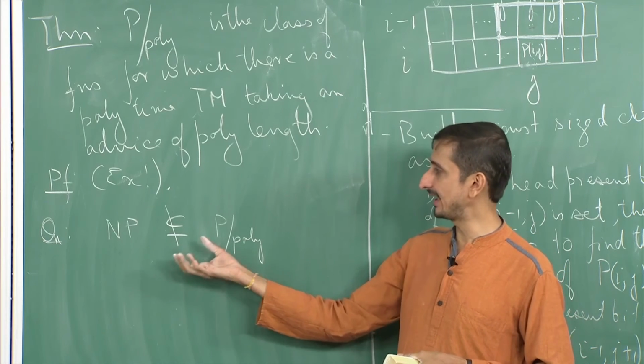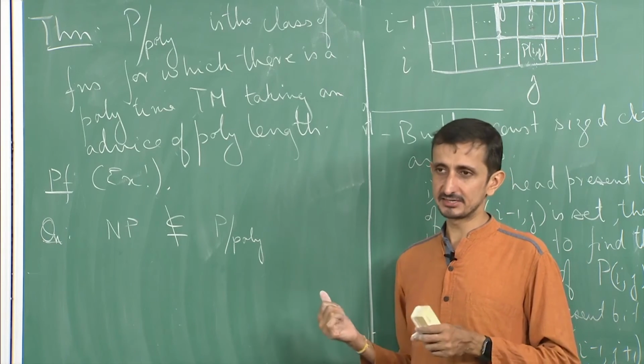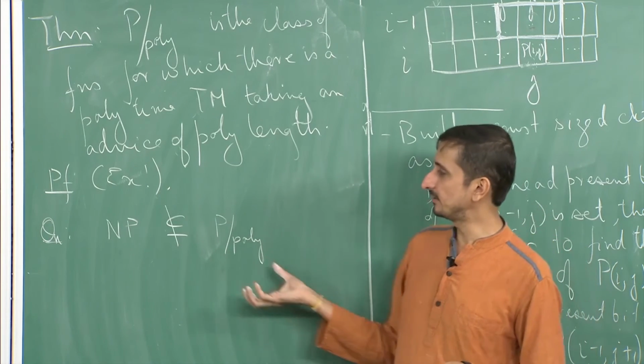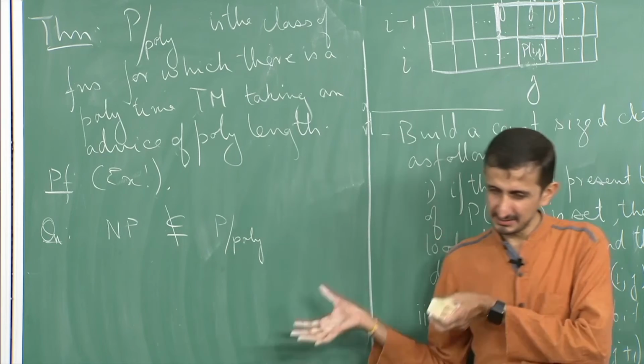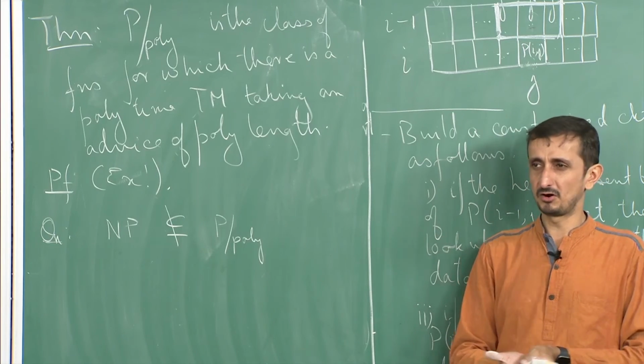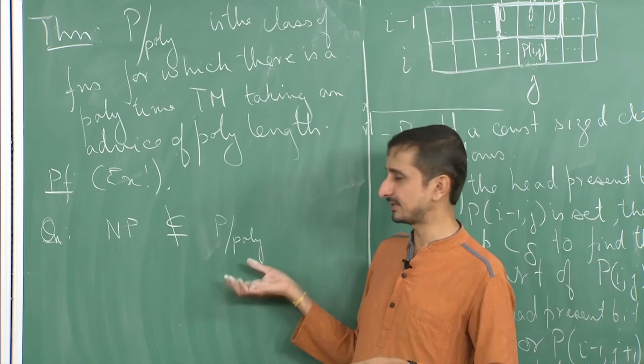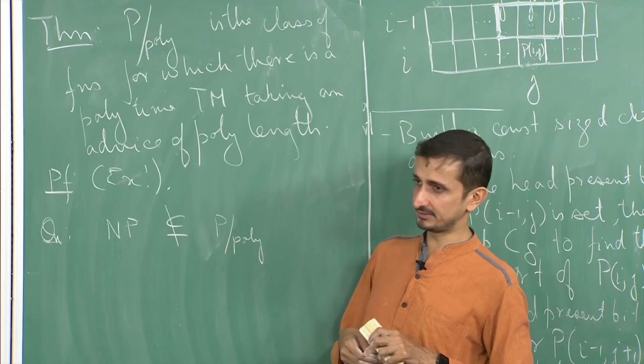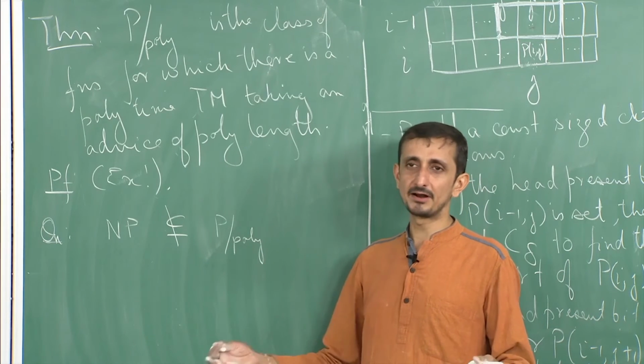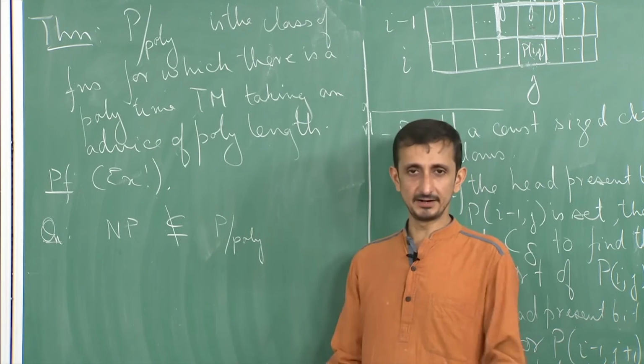Instead of showing NP is not in P/Poly, can we at least argue that NP is not in some smaller size circuits or some smaller depth circuits? Here the depth can be as large as polynomial. Can we for example argue that it is not in constant depth circuits?